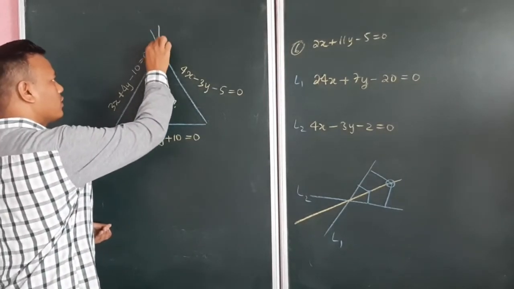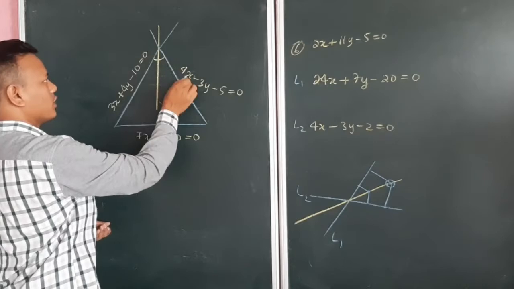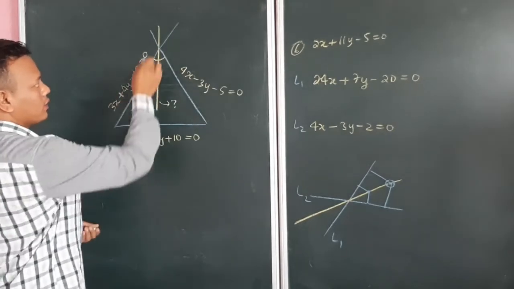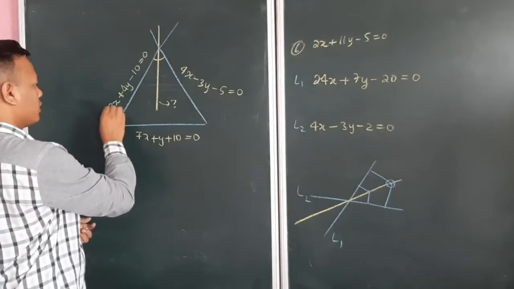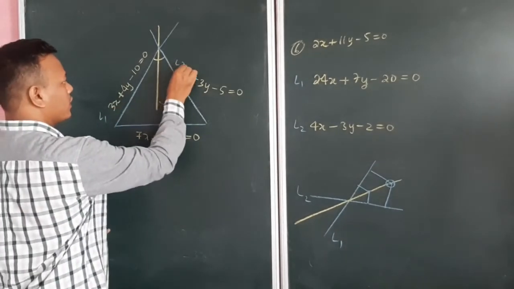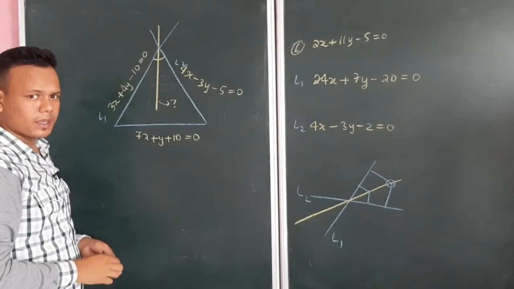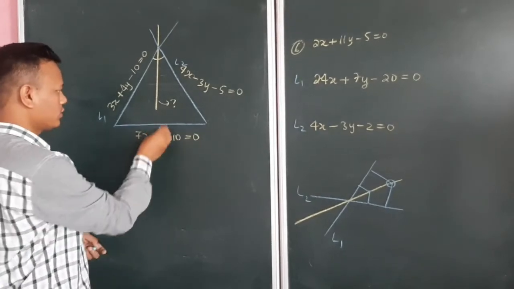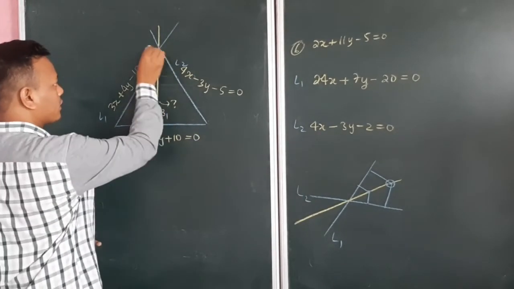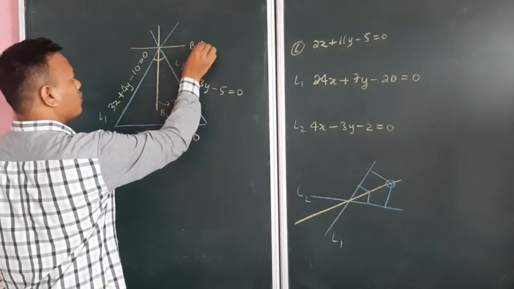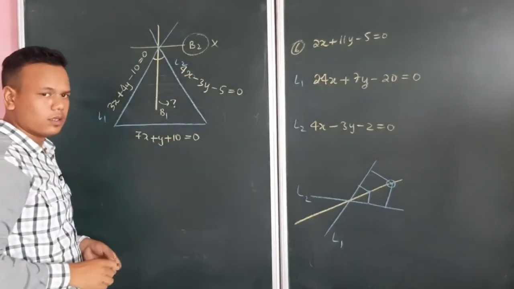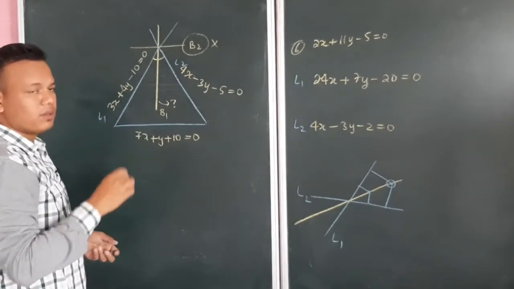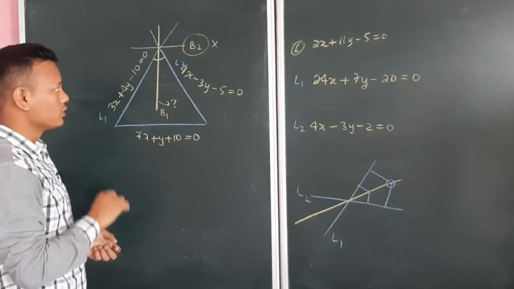If you extend this, there are 2 lines and we need to find the bisector of the angle between this L1 and this L2. But when you find the equation of the bisector, you'll get 2 bisectors. One is B1 and another will be B2. But we don't want B2, as this is not the internal bisector, isn't it? So we want the internal bisector B1.